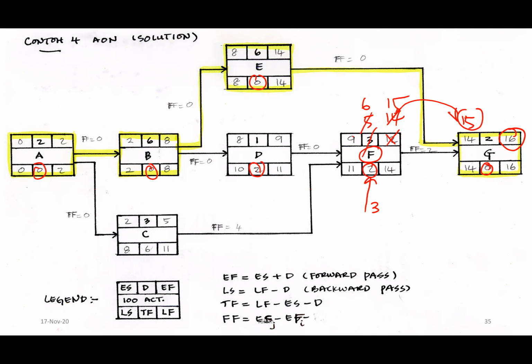Because we can see the impact of delay when an activity goes beyond the allowable values calculated here. If we use a computer, it will automatically reflect the impact, but you must understand the fundamentals. So this is what we are teaching.